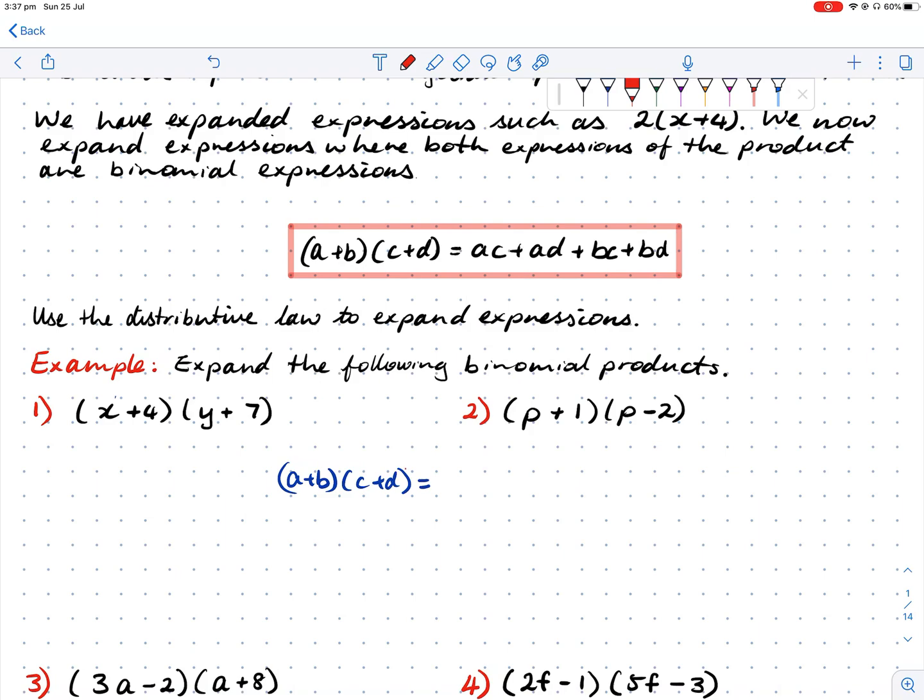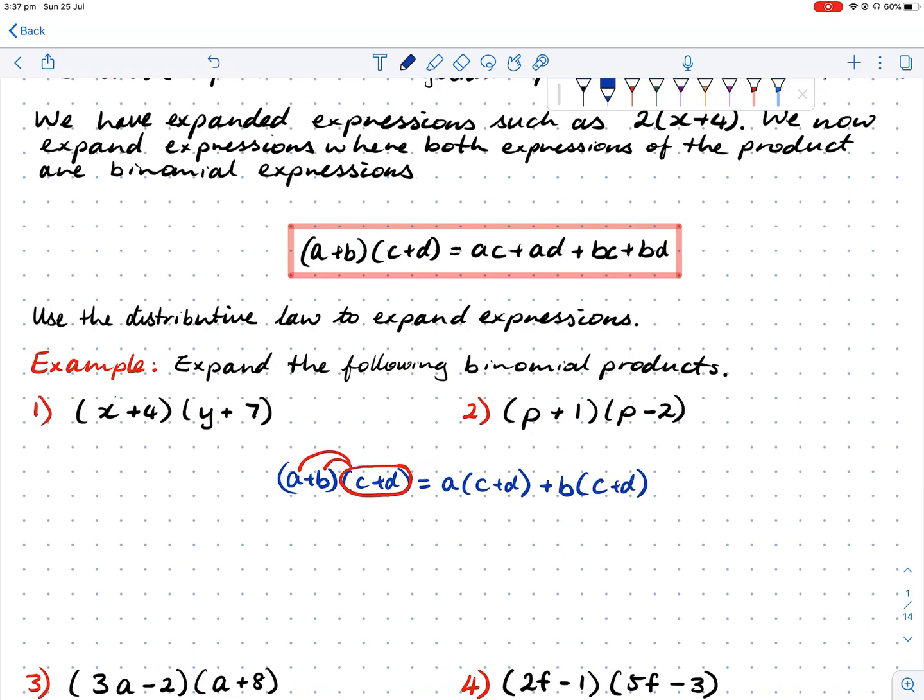So say for example, if I take this as the one item, I'm going to multiply that bracket by each of those terms. So what that means is I'm going to have a times c plus d plus b times c plus d.